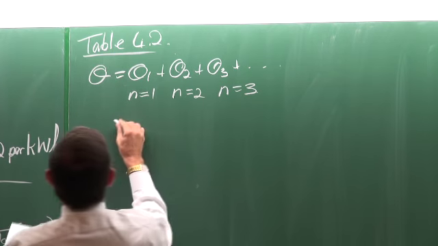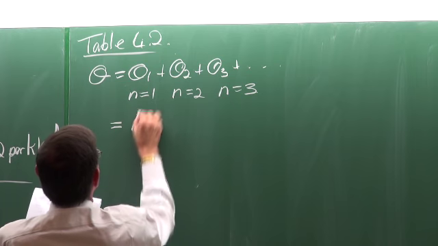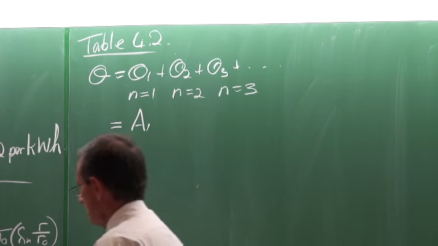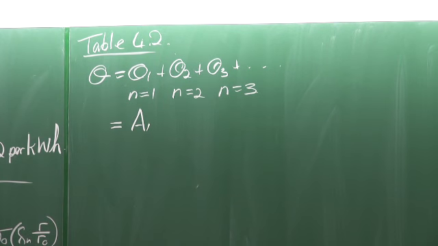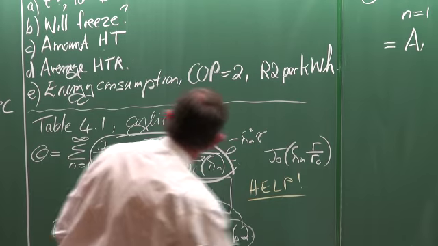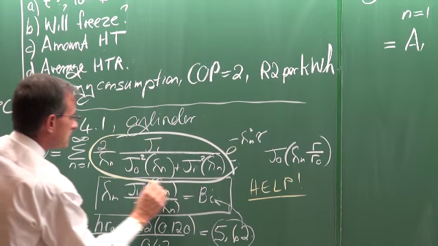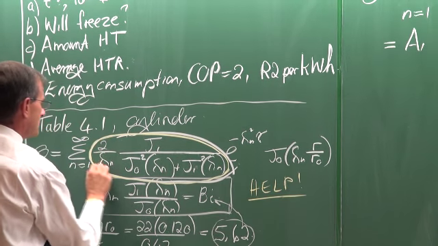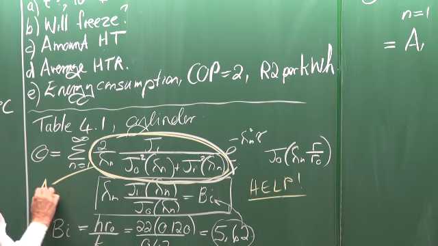For each one of them, we need a constant, and everything in here is A(n).